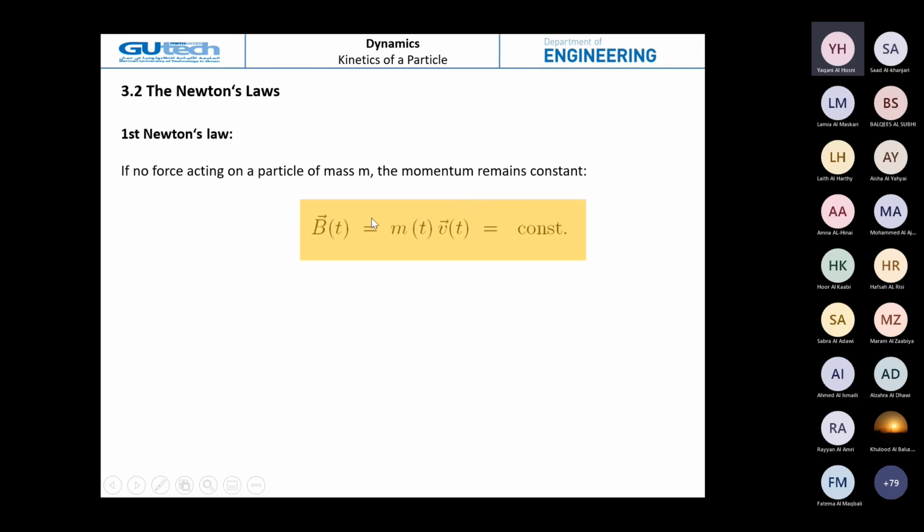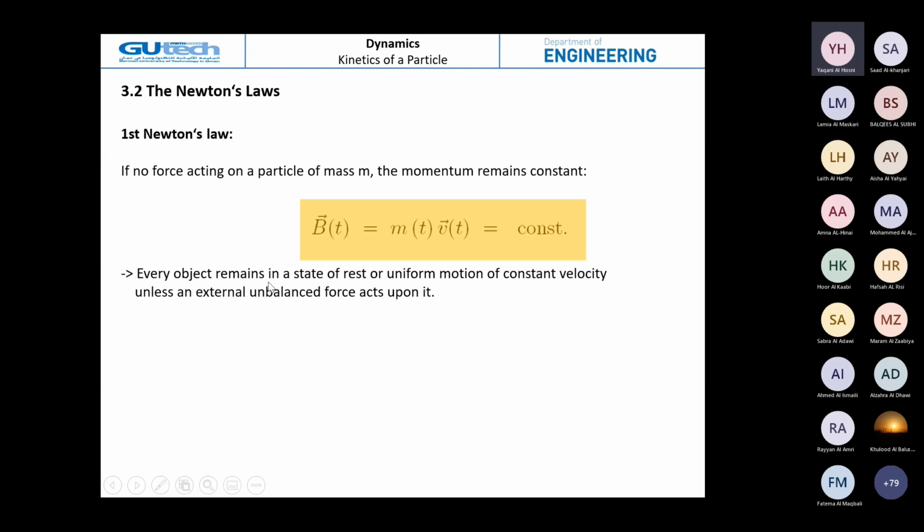It means that if we define the momentum, noted by p vector at time t, it is only the mass multiplied by the velocity at time t, and it always stays constant. The momentum at time t0 is the same at time t1, and it will be the same at time t2, and so on.